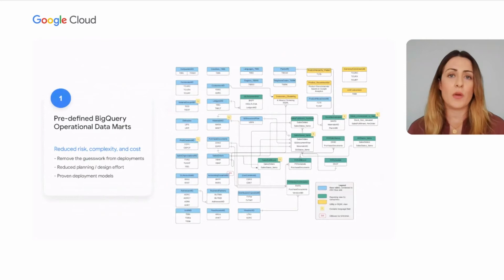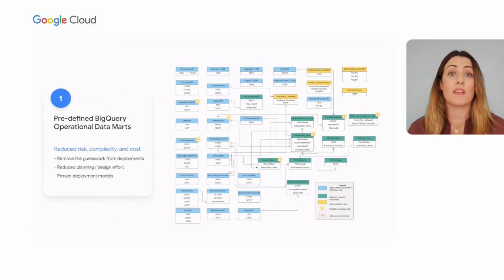In the first scenario, what you'll see is a high-level overview of the predefined operational data marts included in this Solution Accelerator release, including on the right-hand side an entity relationship diagram, which shows you the high-level views of all of the BigQuery objects that are provided.